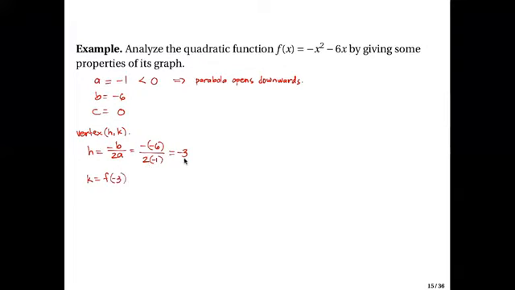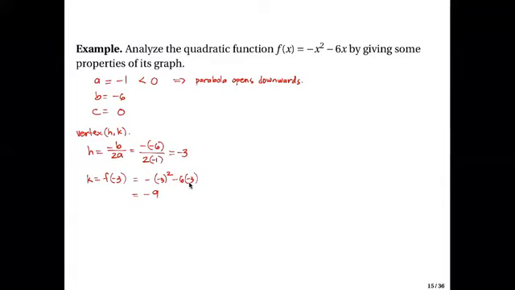And this guy here, we have negative of negative 3 squared minus 6 times negative 3. So this guy here is negative. Negative 3 squared, that's 9, so negative 9. Here you have negative 6 times negative 3.